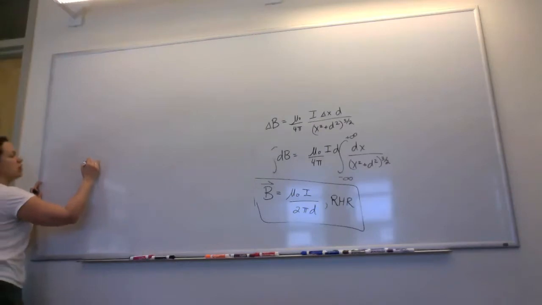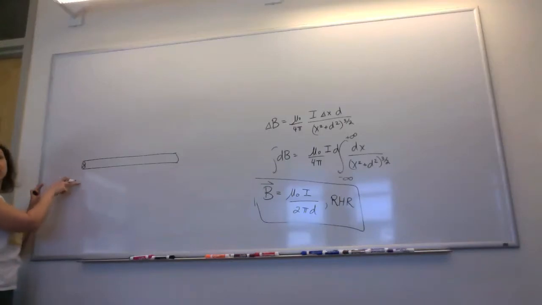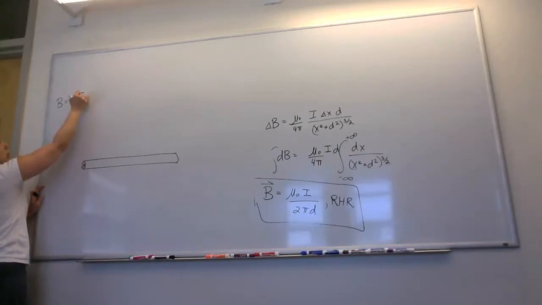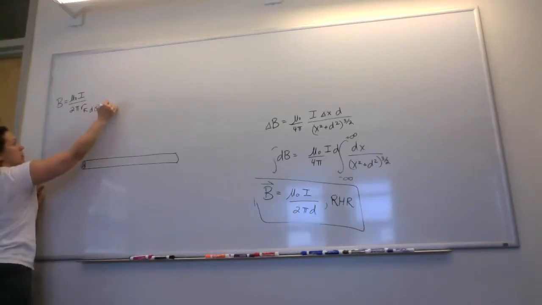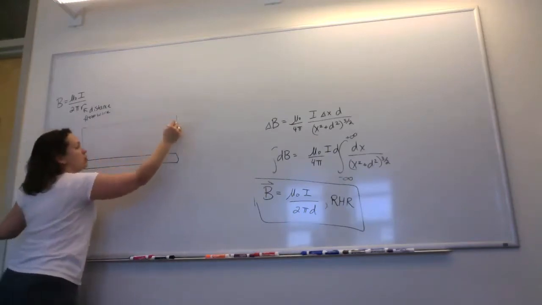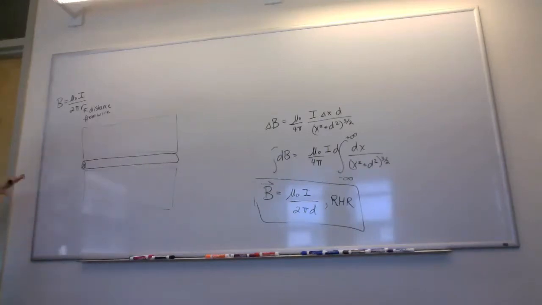So if I have this wire, where the current is going from left to right, and we've got that the magnetic field is equal to mu naught I over 2 pi r, where r is the distance from the wire, I want you to sketch what the magnetic field looks like, just in this region, above and below. And I want you to draw at least 3 rows of dots or crosses.